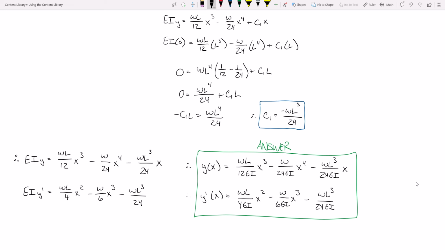X to the fourth, derivative is 4x to the third, and then this just becomes that. So it passes the derivative test, but I'm an engineer. It's great to find the deflection as a function of x, but I want the worst case scenario. I want the maximum deflection, right? Furthest from any supports.